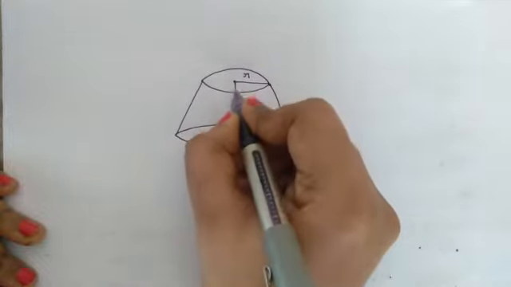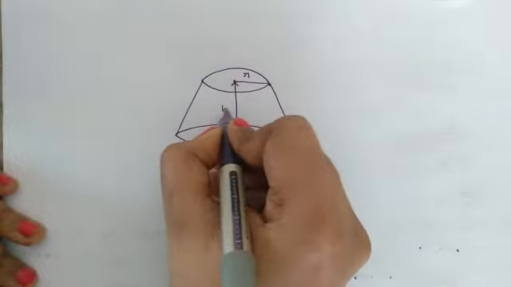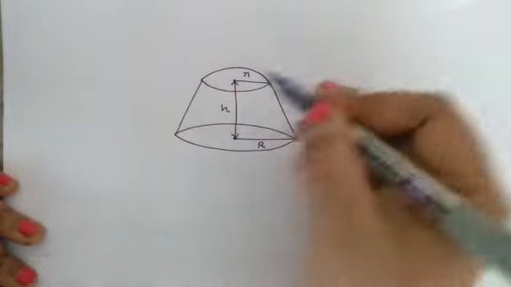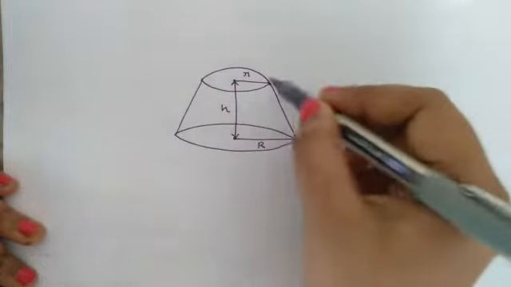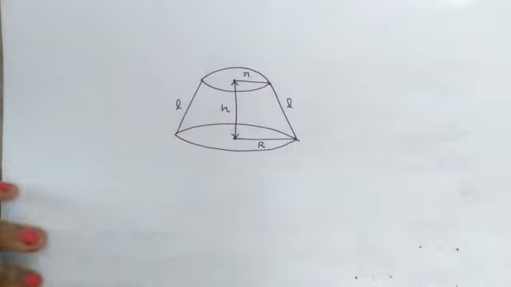The distance between both these centers is the perpendicular height h. The distance between the two circles along the side, you call it the slant height L. So this is nothing but a frustum.